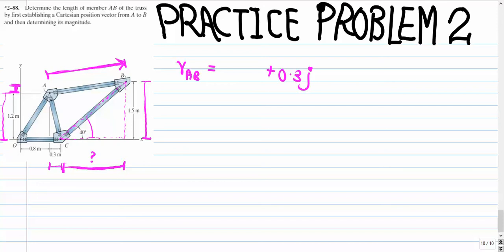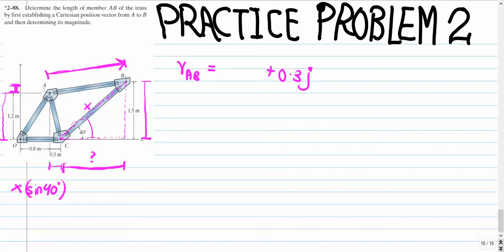First of all, we can find this diagonal length, this hypotenuse length right here, by using the sine of 40 degrees identity. This hypotenuse length is x.